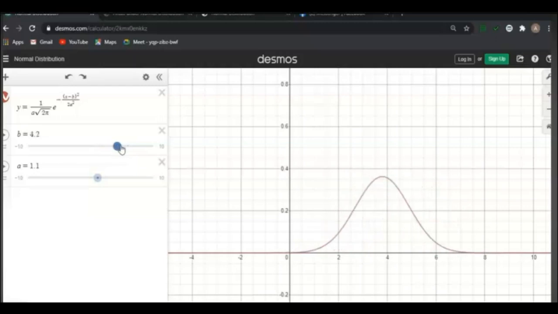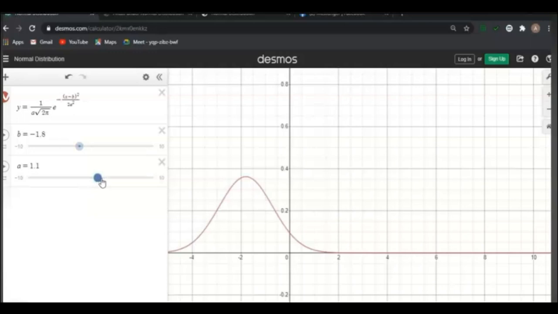A higher value of the mean indicates that the normal distribution shifts to the right, and a smaller value of the mean indicates that the normal curve shifts to the left. So the mean just moves; it doesn't change its shape or size. It just moves to the left or to the right.